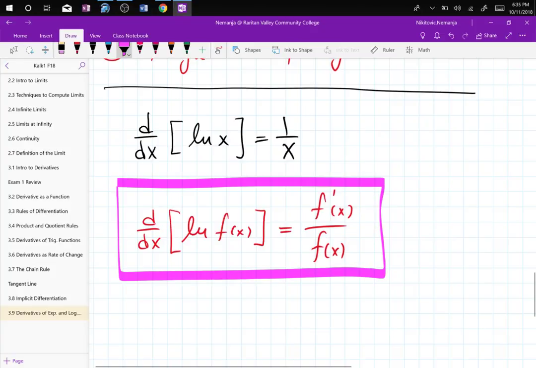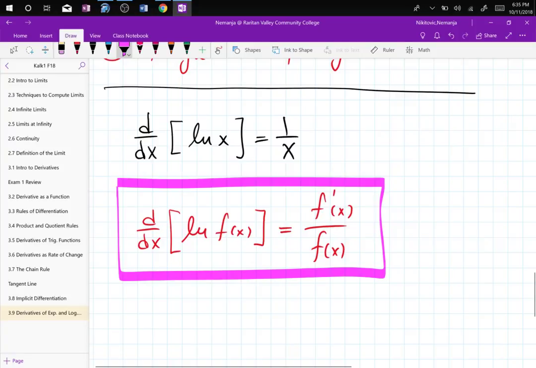And then we have another formula, which is the most general case, and that one would be when you have any base, not just e, because these formulas are ln, which means base is e. But can we take the derivative of log base 2 of sine x?